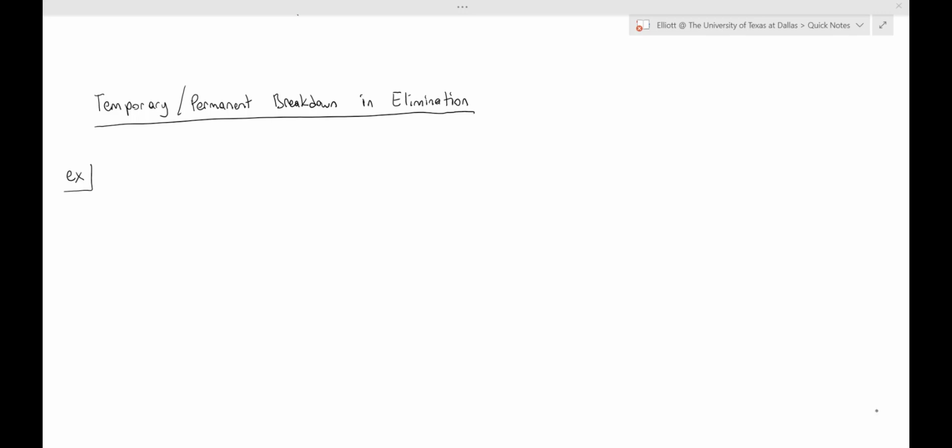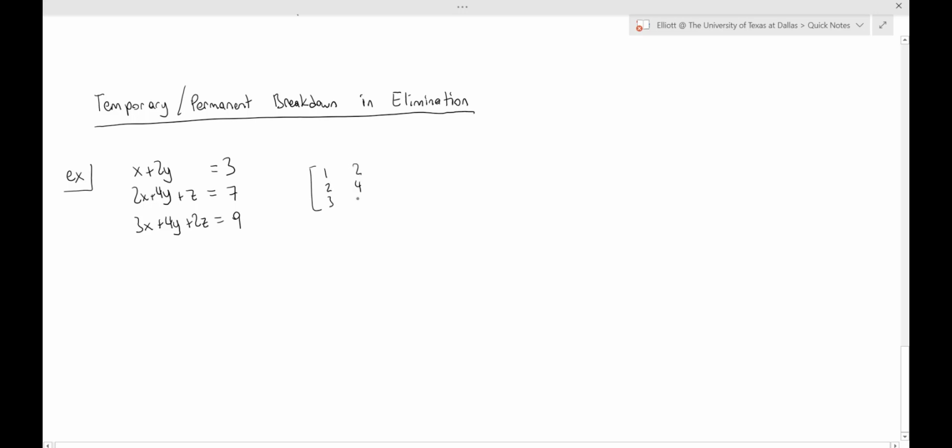Okay. Let's consider the following system of equations. If we try to perform elimination on this system, first write out the augmented matrix.